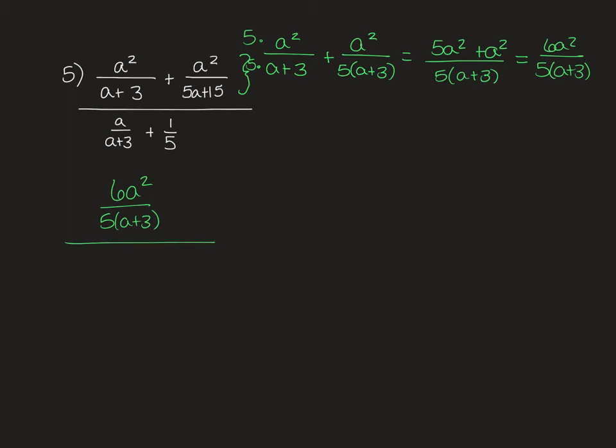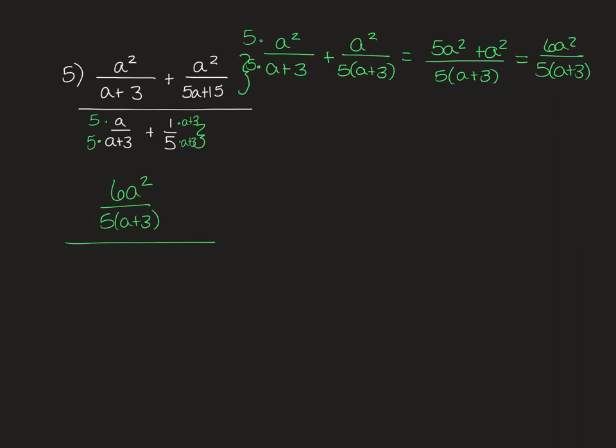Now let's look at the denominator. So a over a plus 3 plus 1 over 5. This is a case where we have to multiply each fraction by the other denominator. So I'm going to multiply this one by 5 and then this one by a plus 3.